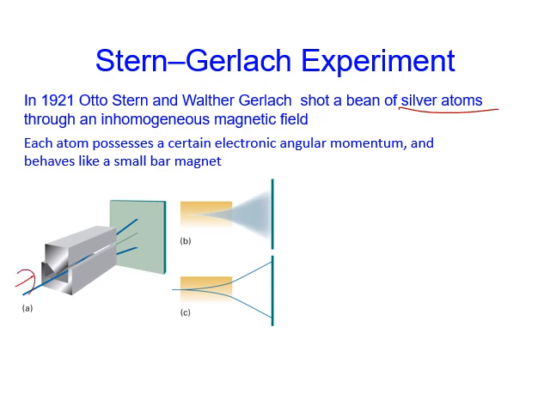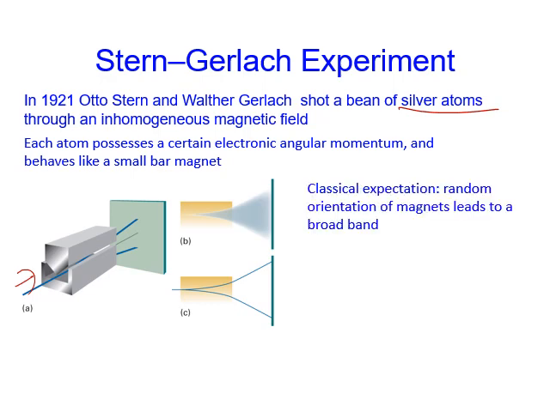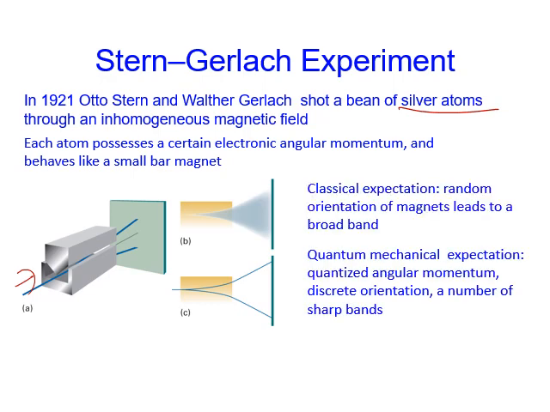Their idea is that each atom possesses a certain electronic angular momentum, which behaves like a small bar magnet. So according to the hydrogen atom, the angular momentum should be quantized, and therefore you should see only certain, discrete orientations and a number of sharp bands as shown here.